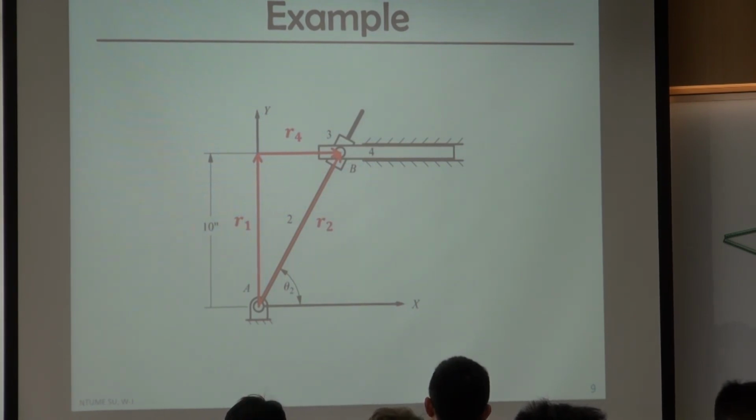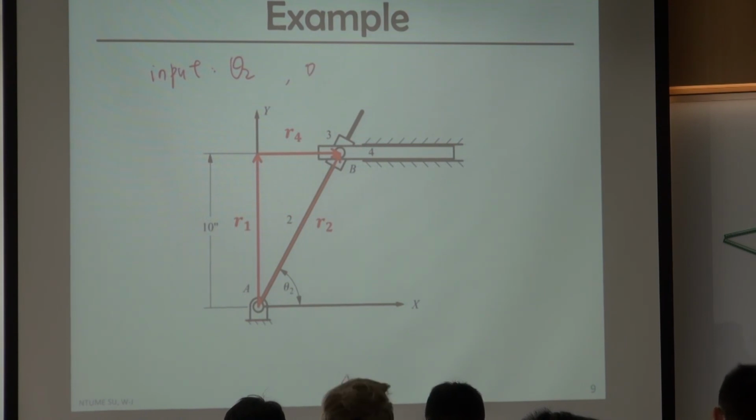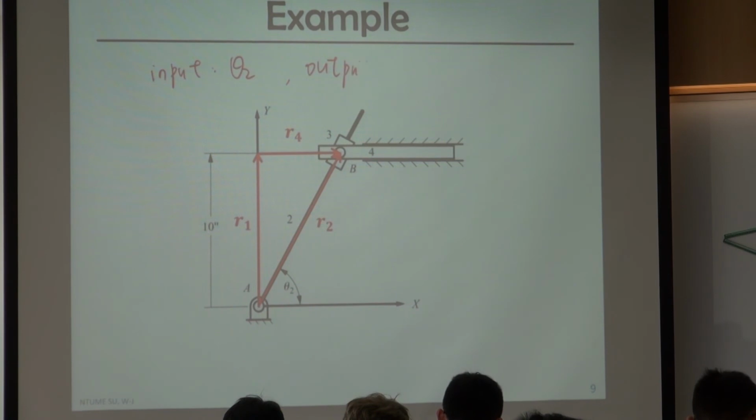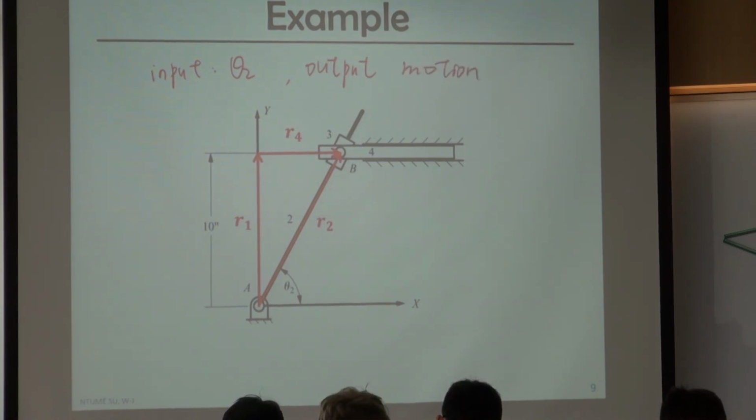Let's say we want the input to be theta 2, and the output to be the sliding, so the output is the motion of B. B is just right at this R joint.